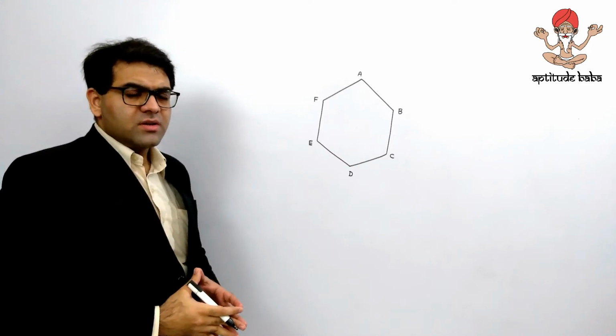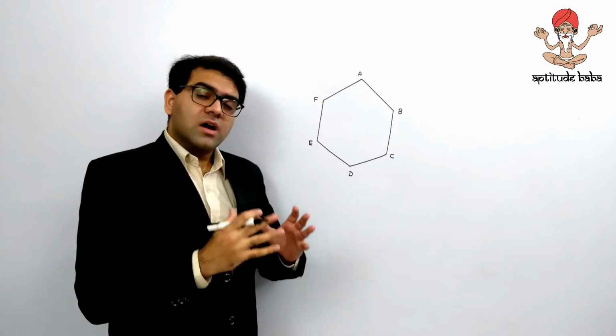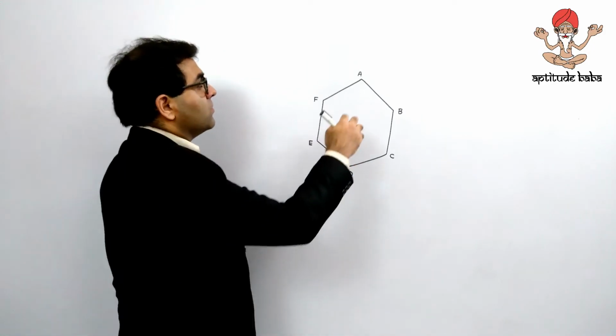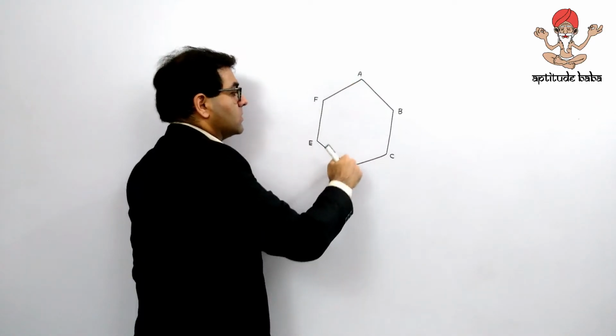Well, that is incorrect. Why? Because by definition a diagonal is a line segment which joins a given vertex with any of the opposite vertices.